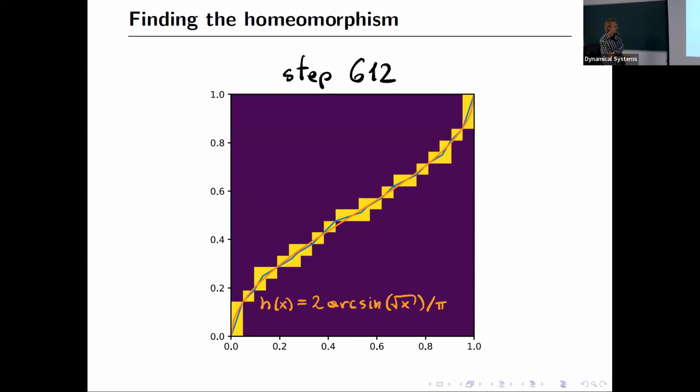We think that the algorithm can also be optimized. It's a naive construction of this gradient descent, but those experiments gave us hope that we can optimize this choice of the homeomorphism that is required for conjugacy.